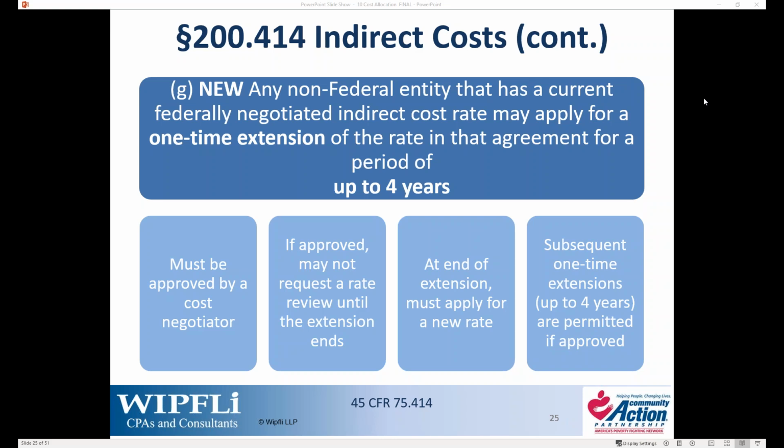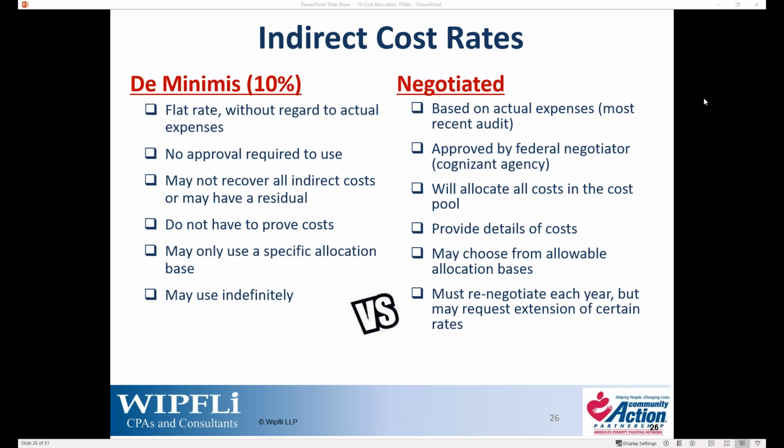So you are locked in, and you're kind of rolling the dice a little bit. But for those whose indirect cost rate hardly ever changes, this might be a good option. At the end of the 4 years, you have to apply for a new rate, and then you could ask to have that new rate locked in for another 4 years. This is one of the ways that the uniform guidance is trying to reduce the administrative burden for agencies.